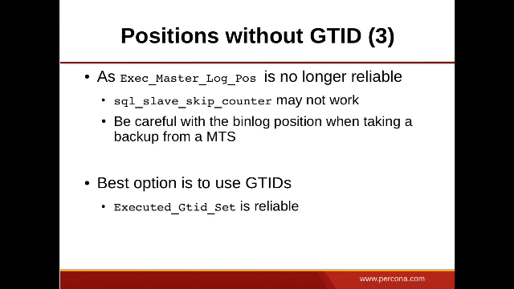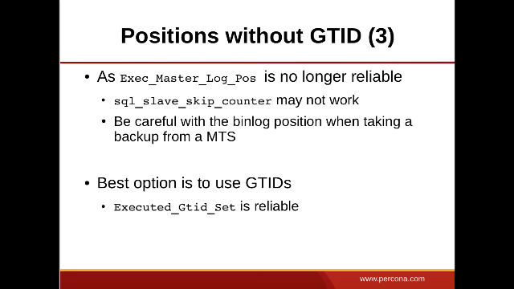I mentioned before that exec master log pos is no longer reliable, which means if you look at show slave status, you can't really know the position of the latest executed transaction, and that may be a problem. The first problem you can have is when you want to skip a transaction.